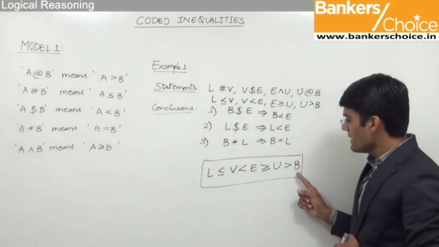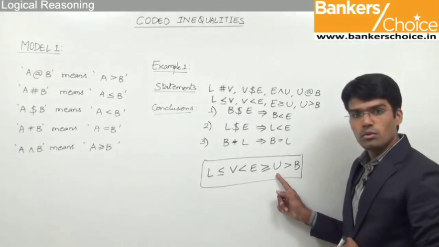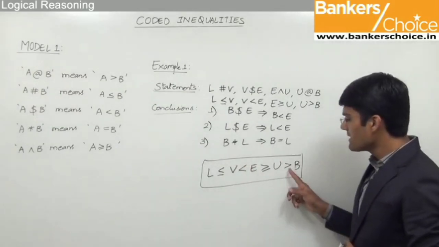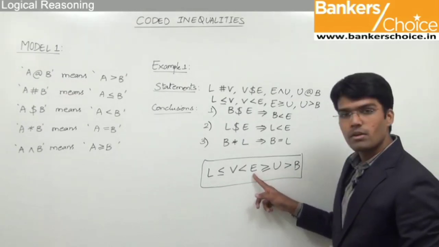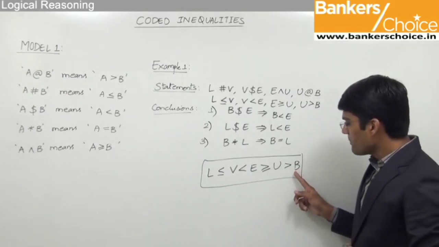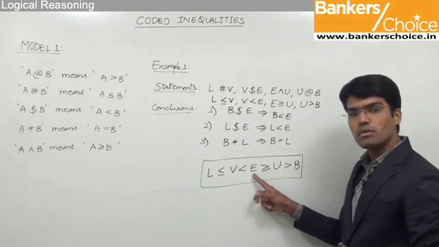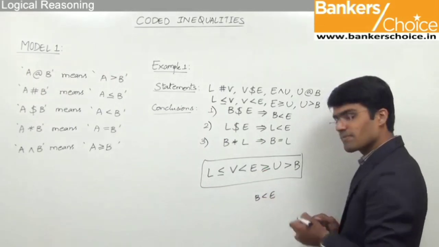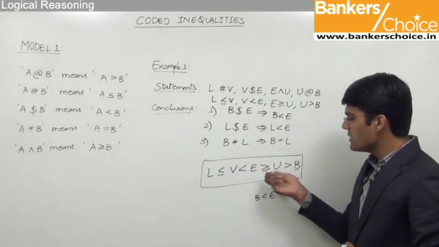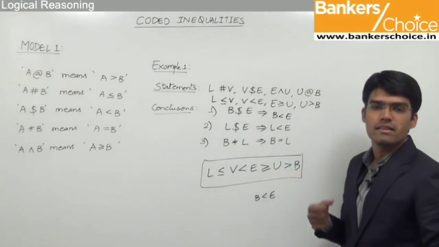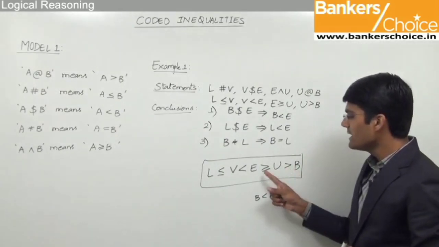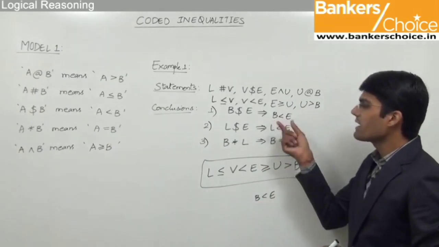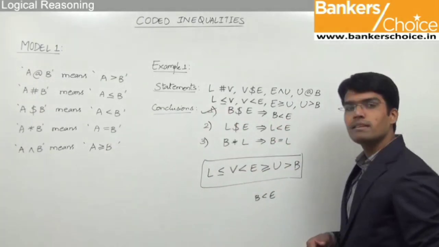Now if you look at the statement here, remember U is greater than B. So when we come from the reverse side, we can say B is less than U and U is less than or equal to E. So the relationship between B and E here will be B less than E. Since there are two similar inequalities, we need to consider the common part between them as the relationship. Less than is the common part in these two cases. So we can say B is less than E, and that itself is the given conclusion. So conclusion number 1 is true.